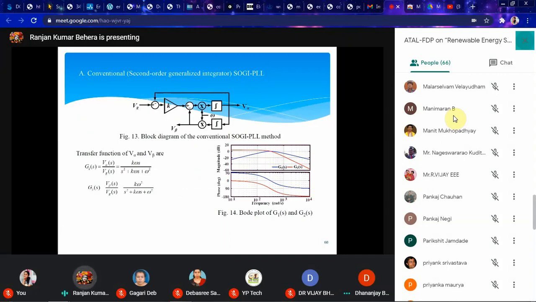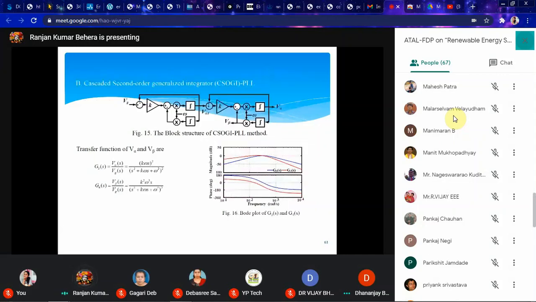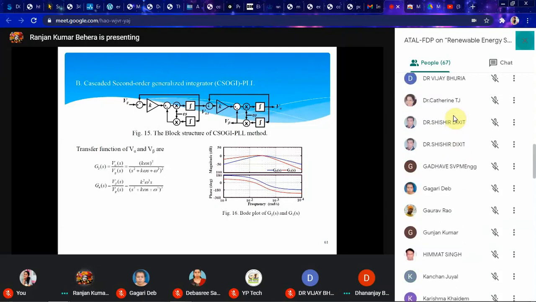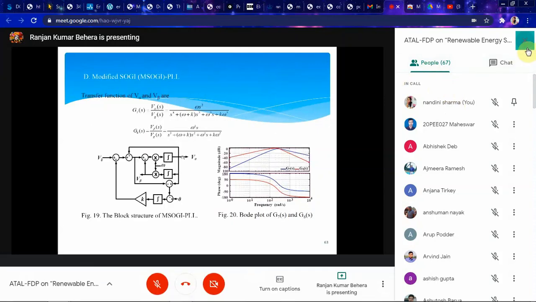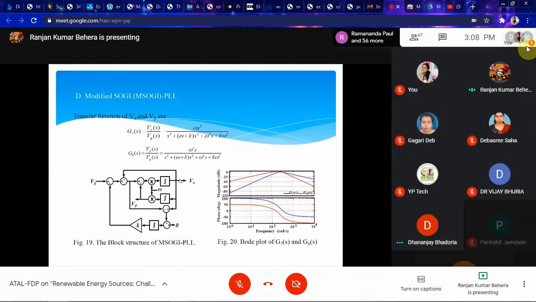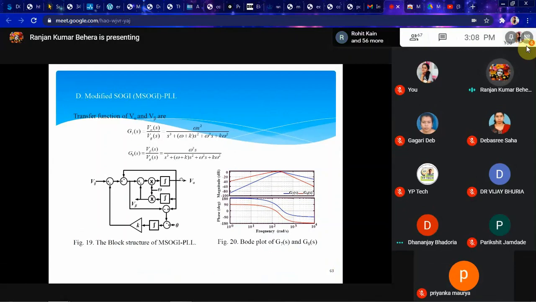Then the second class of PLL is the second order generalized integrator PLL, then the cascaded second order generalized integrator PLL, and then the SOGI PLL. Then we have a modified SOGI PLL.